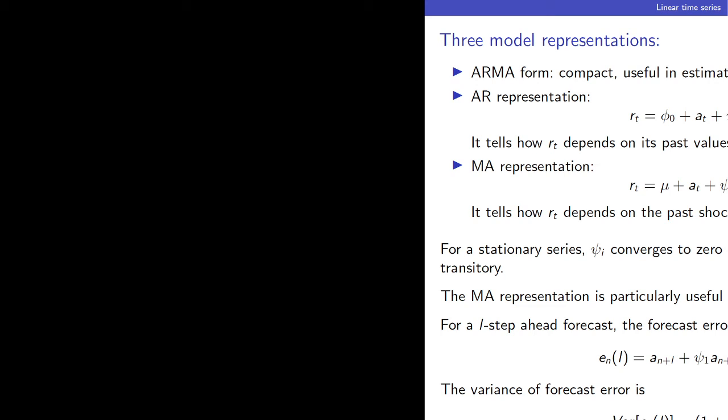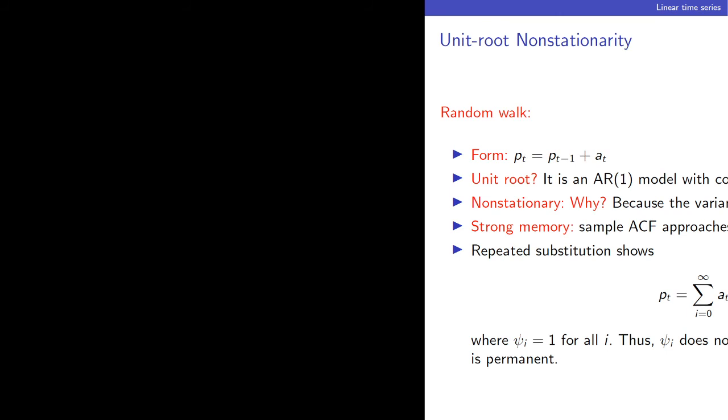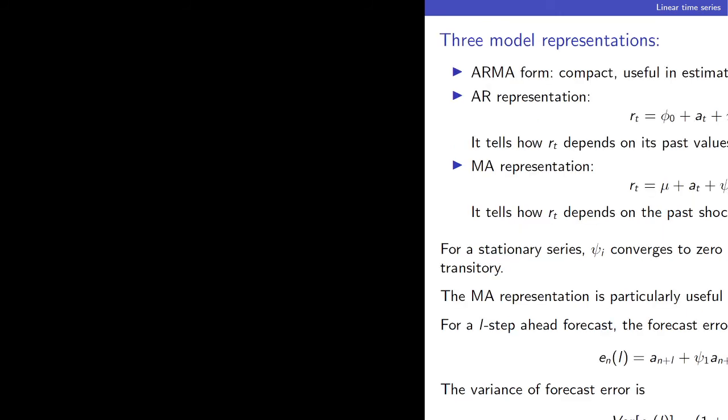Now, the MA representation is particularly useful in computing variances of forecast error. Why? Because both the error and its variance are pretty straightforward if we use the MA notation. Now, this is it for ARMA models.